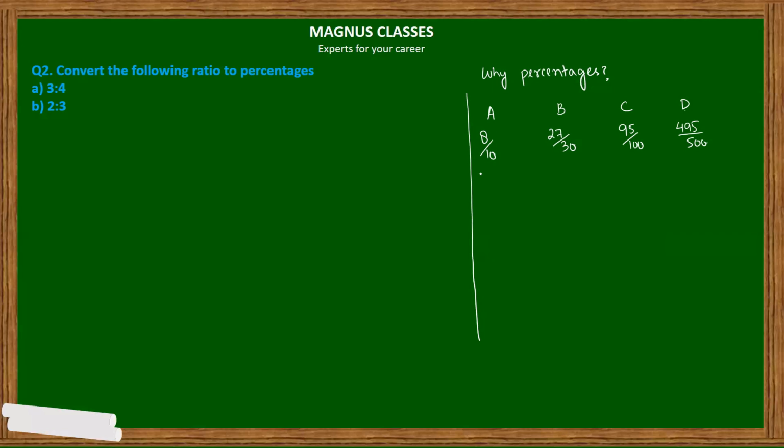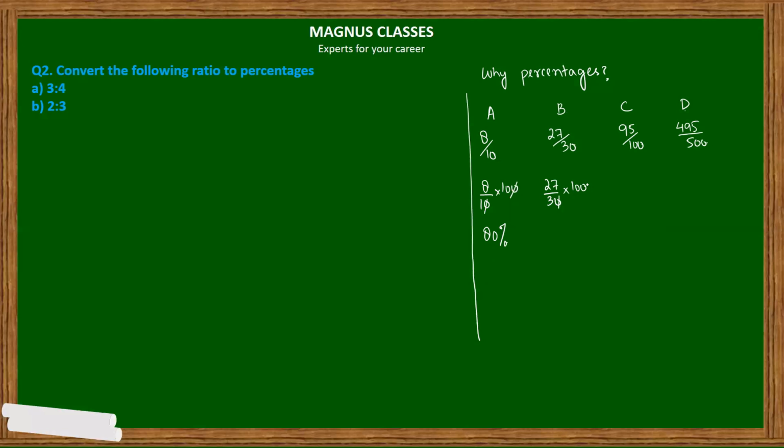So for that, let's suppose 8 divided by 10 and we multiply it by 100. This 0 gets cancelled out, so 8 into 10 is 80. So he has got 80%. Let's see this guy: 27 divided by 30 into 100.